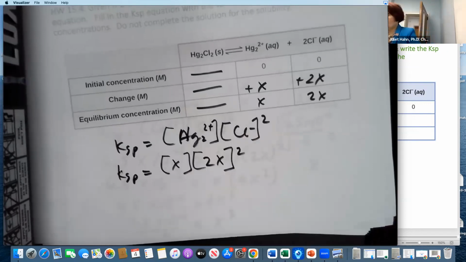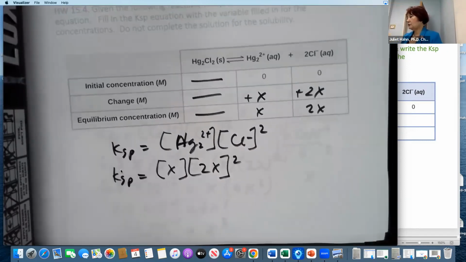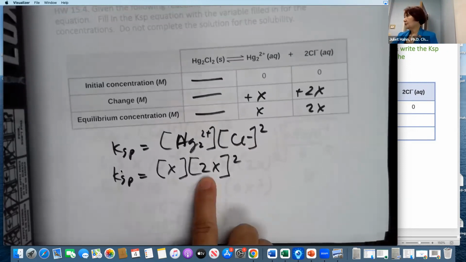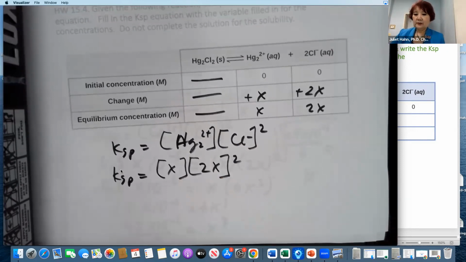I didn't actually ask you to come up with the final solubility number, but you could go ahead and solve for X. If I give you the value of KSP, you would be able to solve for X. This is a pretty straightforward problem because all you'd have to do is take 2 squared, and then you'd have X squared and another X, so you'd end up with X cubed, and then you just have to do the calculation with your calculator's cube root function.